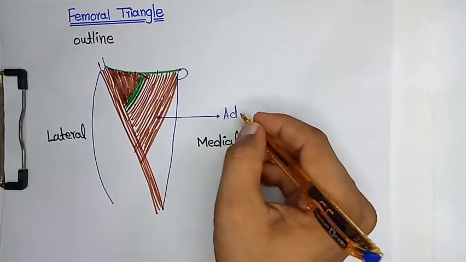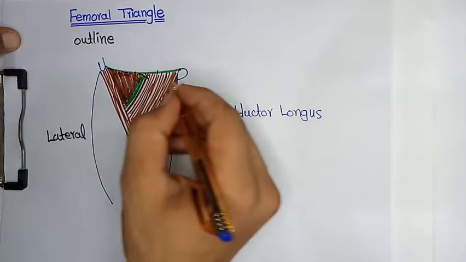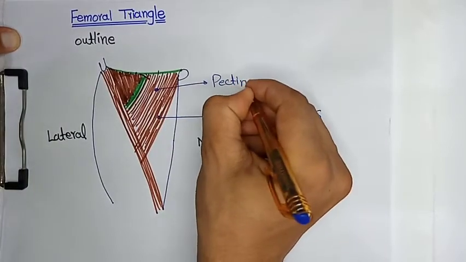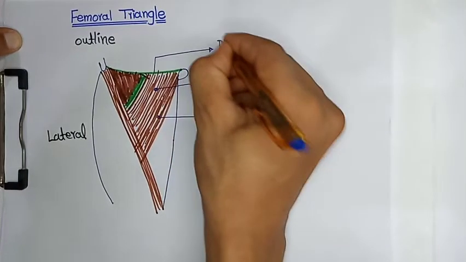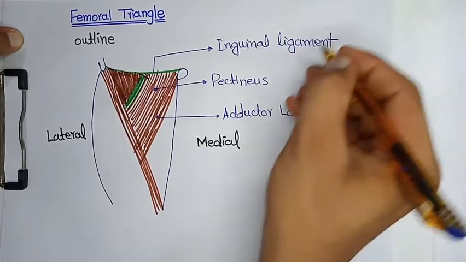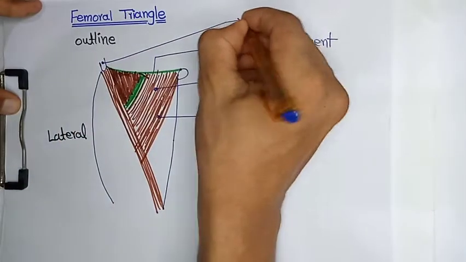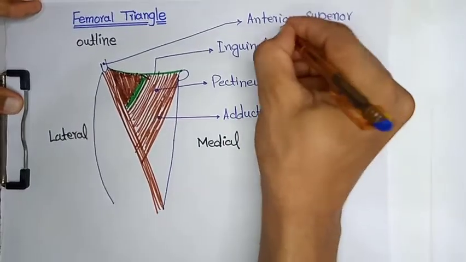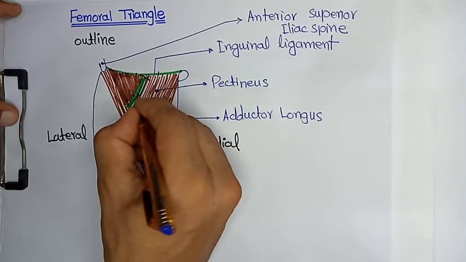Now we label the femoral triangle. This is adductor longus muscle, this is pectineus muscle, this is inguinal ligament, this is anterior superior iliac spine.